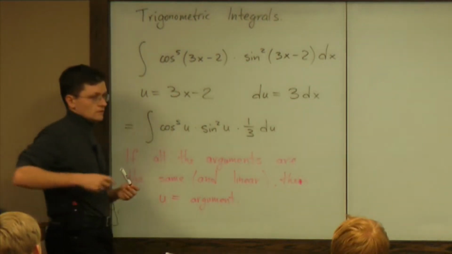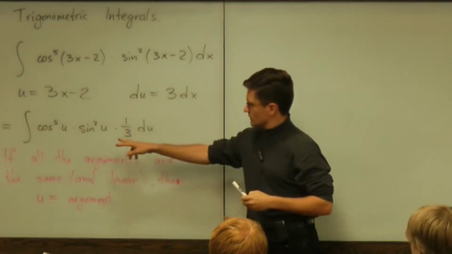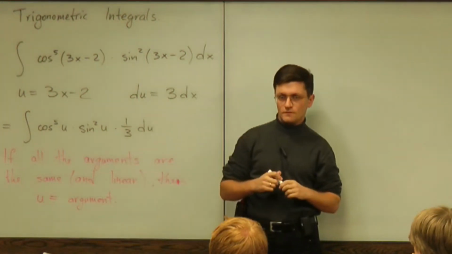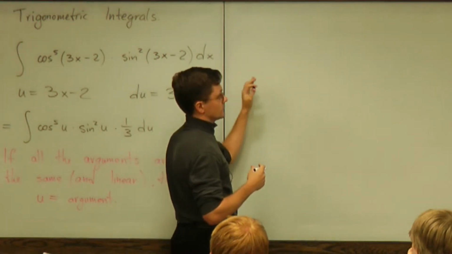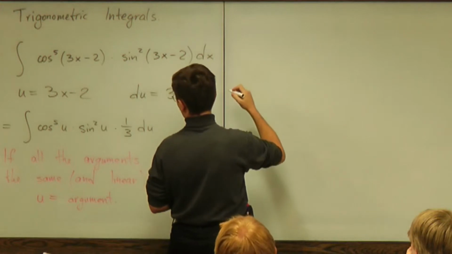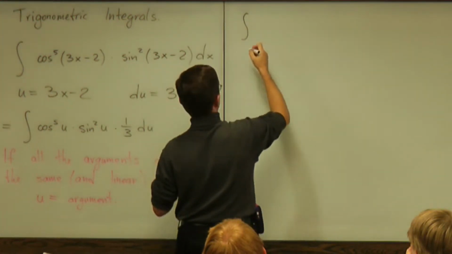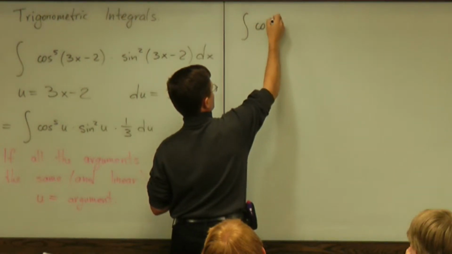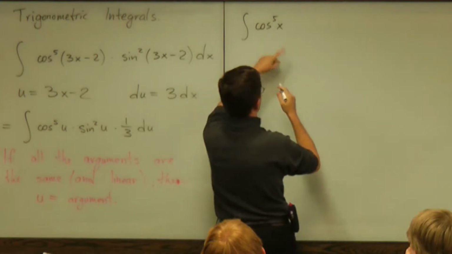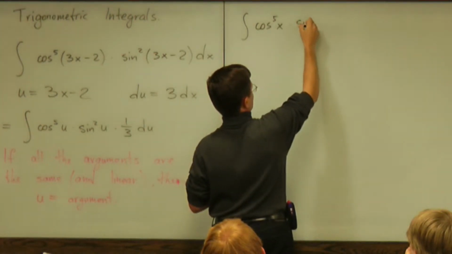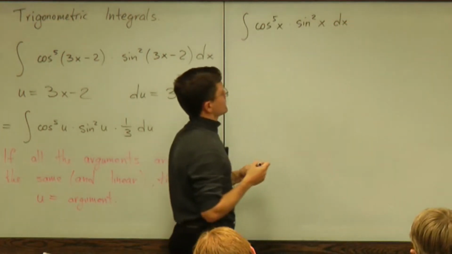After that, you are left with an integral that involves powers of cosine and sine. So let me start over with an integral of cosine to the power of 5 of x, and I will just switch to the variable x, times sine to the power 2 of x dx.